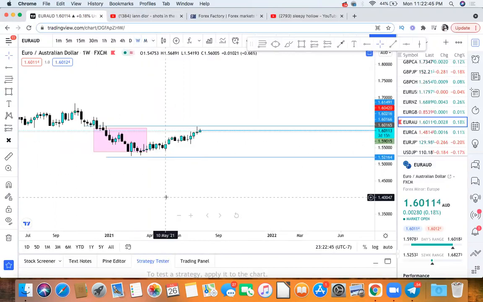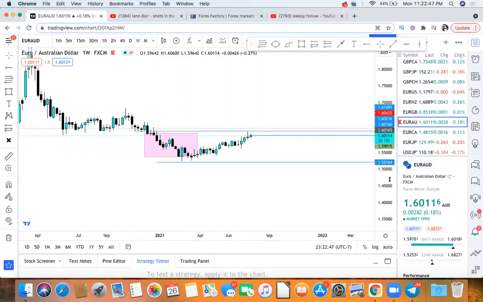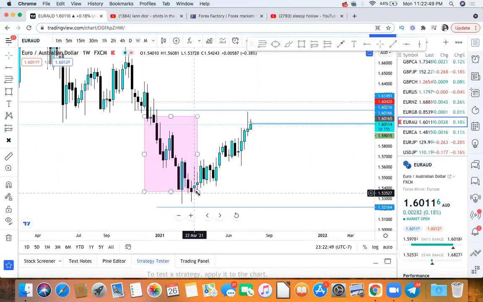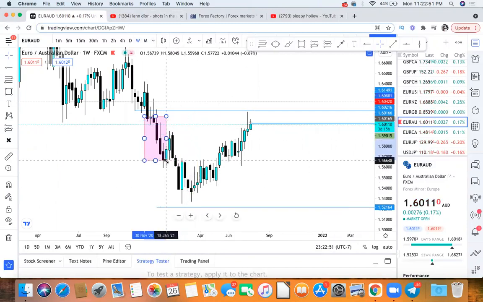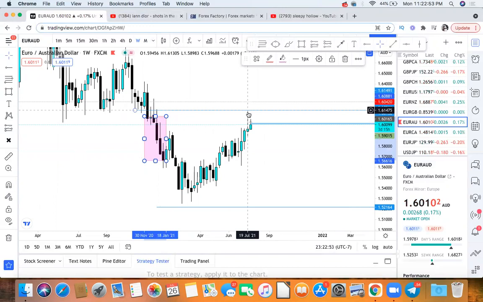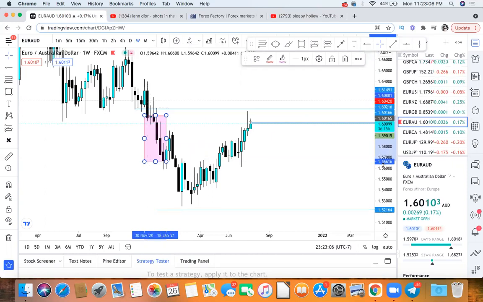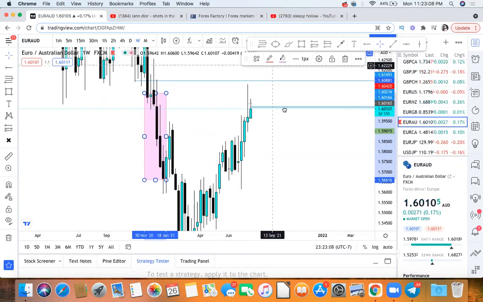On the weekly time frame, we could also see how the market came and fell into this weekly imbalance right here, the small imbalance, which we saw this big push to the upside. This wick came right into the accumulation price candle in this area on the weekly time frame. Not exactly tested it, but we did fill in this fair value gap that we have in the weekly time frame right here.